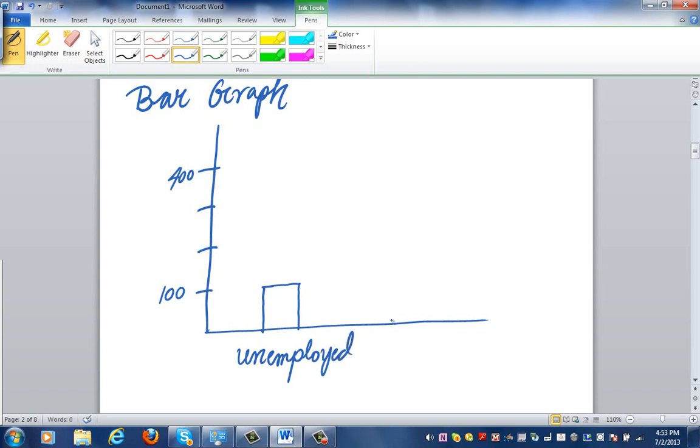And then I make another rectangle, and in this case the height of the rectangle would be 400. So this is for employed.